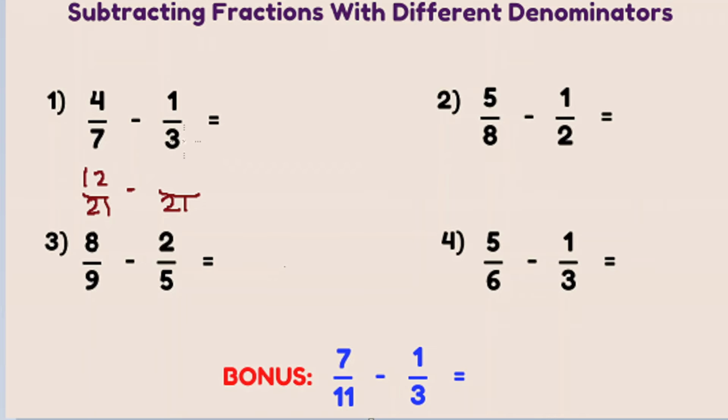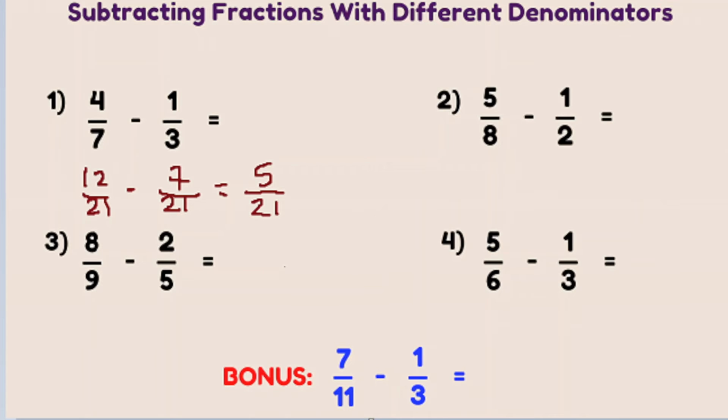Then we say 3 times what number equals 21? Well, that's 7. So if you multiply the denominator by 7, you must also multiply the numerator by 7. 1 times 7 is 7. At this point, both denominators are the same, so all you have to do is just subtract your numerators. 12 minus 7 equals 5/21.